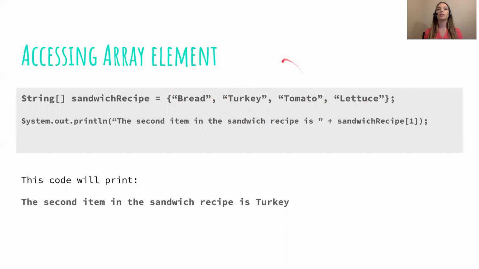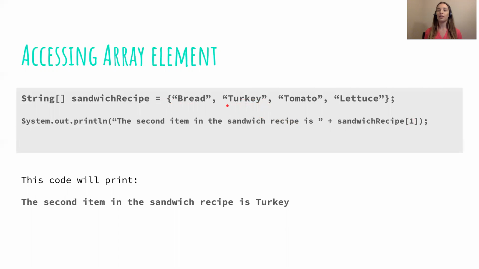This is 1, this is 2, and this is the third index. Well, technically the fourth item because we start at 0, so it would be 0, 1, 2, 3, but there are 4 elements. So if we wanted to print out what the second item in the sandwich recipe array is, we would actually have to get index 1, right? Because the first one is indexed with 0, and the second one is indexed with 1.